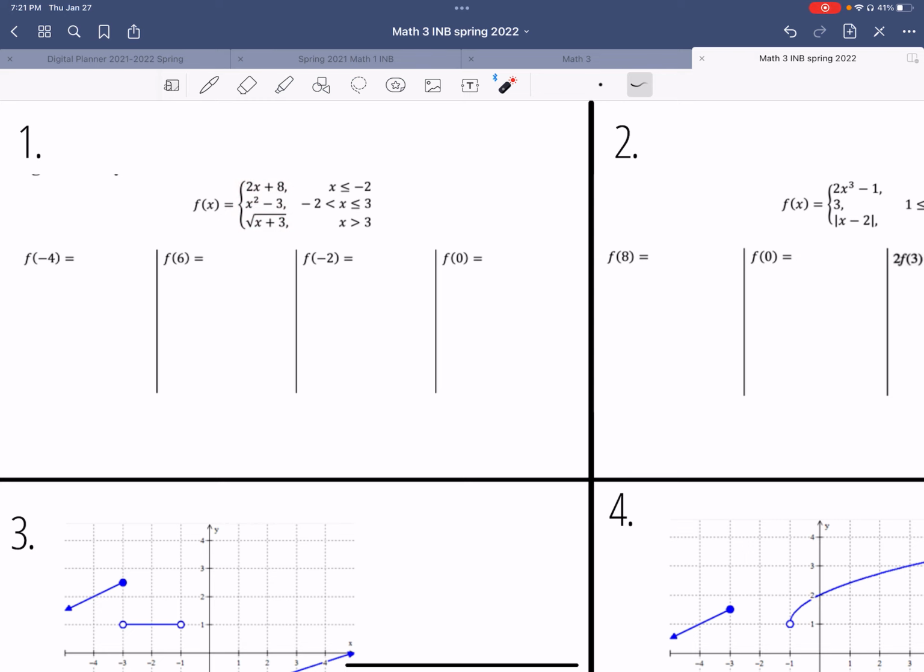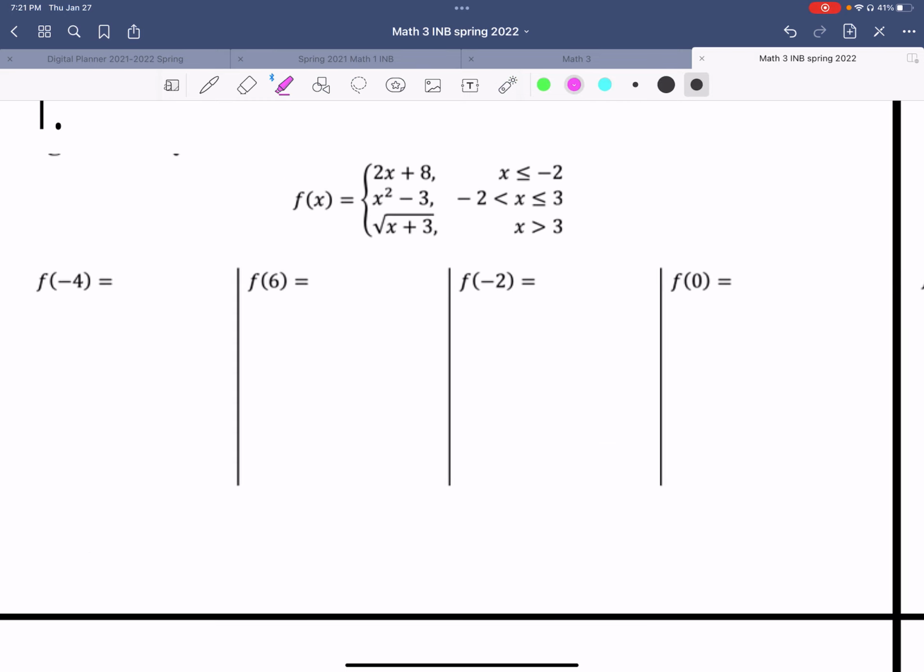So when I look at this, I have an input value of -4. When I come over here to my graph, -4 is less than -2. So I know that I'm going to plug -4 into that first piece. I'm going to say 2 times -4 plus 8.